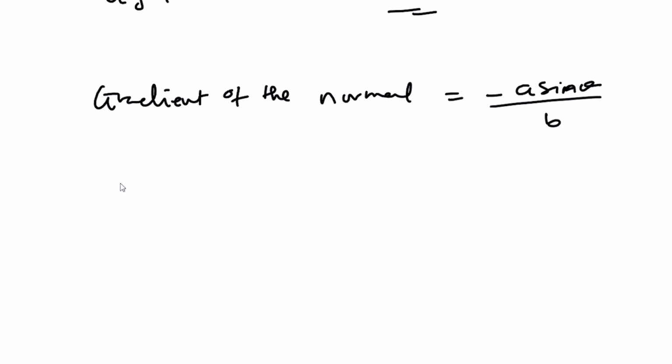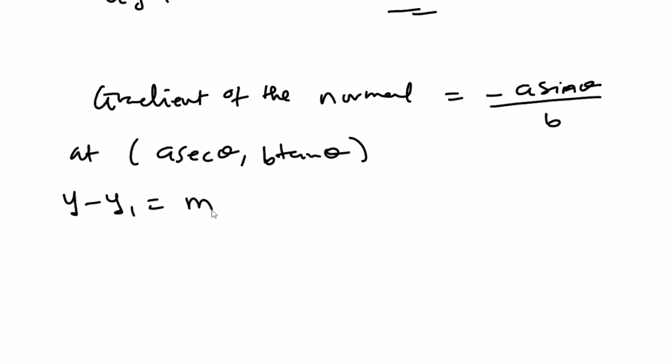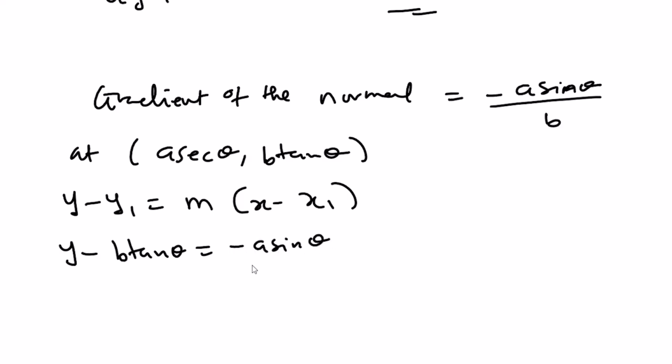All right. So with this, together with the point a sec theta and b tan theta, we find the equation of the normal. So we have y minus y1 being equal to m times x minus x1. So substituting, we have y1 as b tan theta, our m, which is negative a sine theta divided by b, then I have x minus a sec theta.